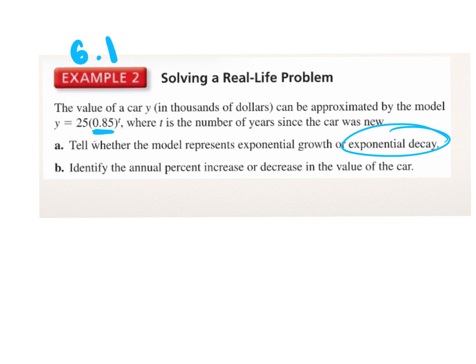Part B says identify the annual percent increase or decrease in the value of the car. So we know that it's decreasing, so I'm going to cross out increase. So the percent decrease. How could I find the percent that it's decreasing? This 0.85 comes from 1 minus r, because since it's decay, we're using the 1 minus formula, a times 1 minus r to the power of t.